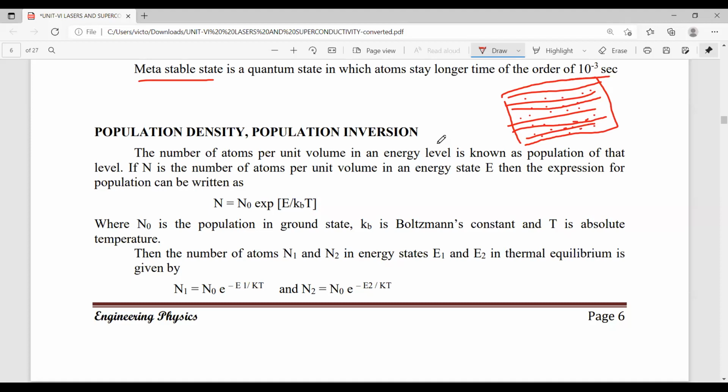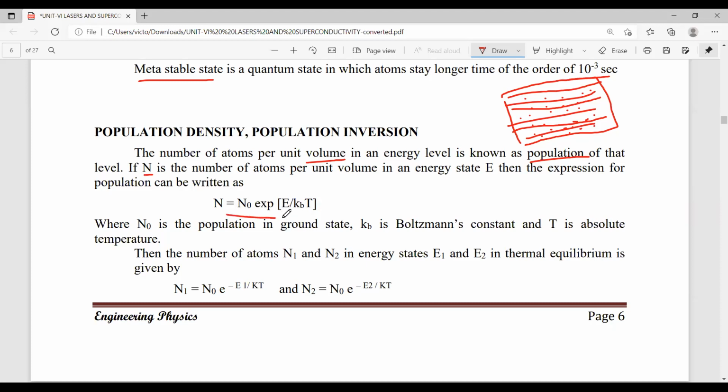So the number of atoms per unit volume in energy levels is nothing but population. This is indicated by the expression capital N. So N is equal to the formula we already discussed in the relation between Einstein coefficients.